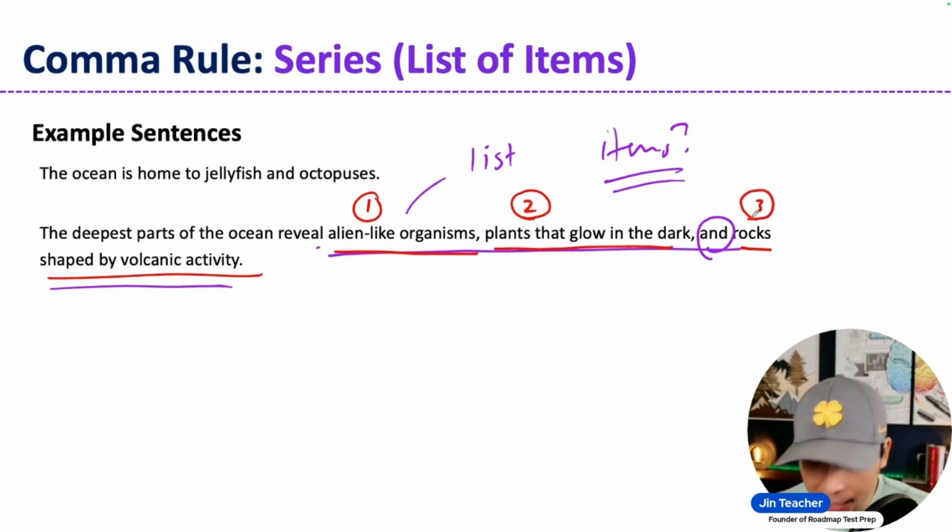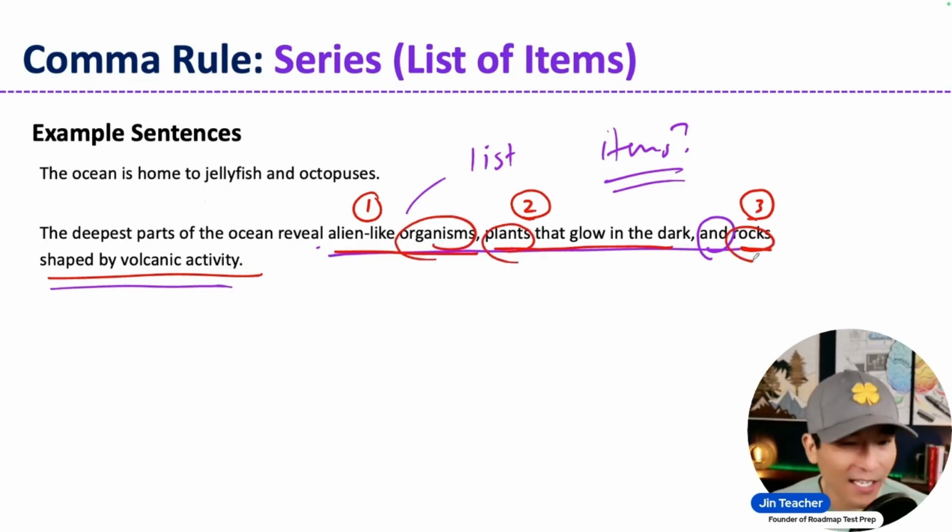So this list is made up of things, like organisms, plants, and rocks, but also with some kind of descriptor words, descriptions about these things. It's not just organisms, it's alien-like organisms. It's not just plants, it's plants that glow in the dark. These are words that describe the things.